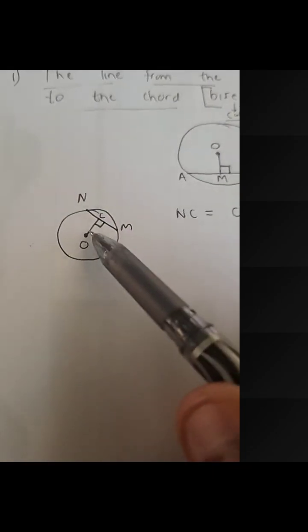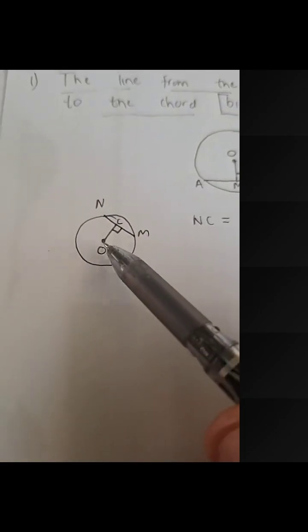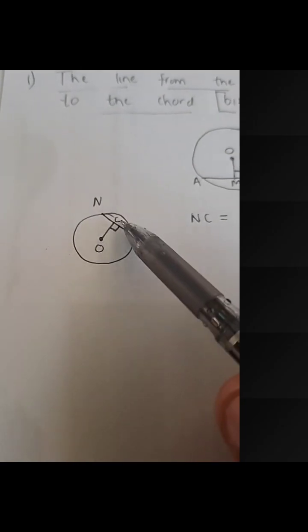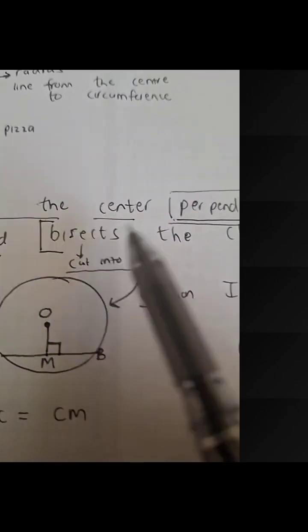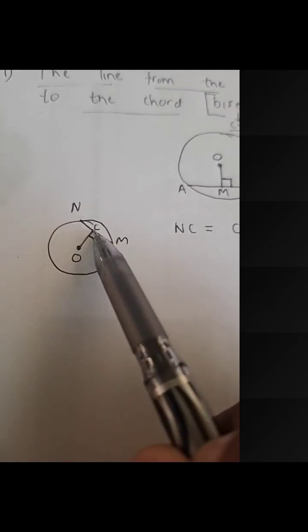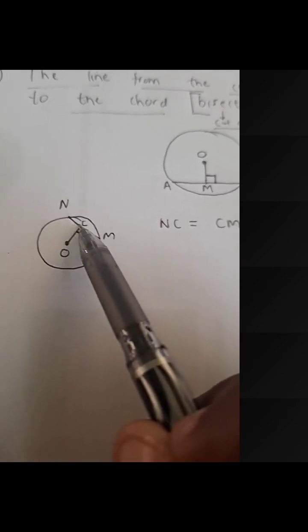Why? Because this is a line from the center, perpendicular to the chord, so it bisects the chord. In other words, it cuts that chord in half, so that NC is equal to CM.